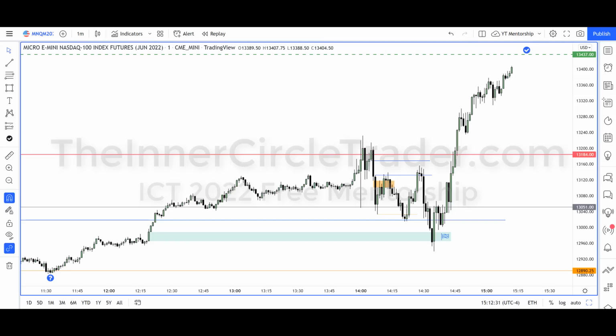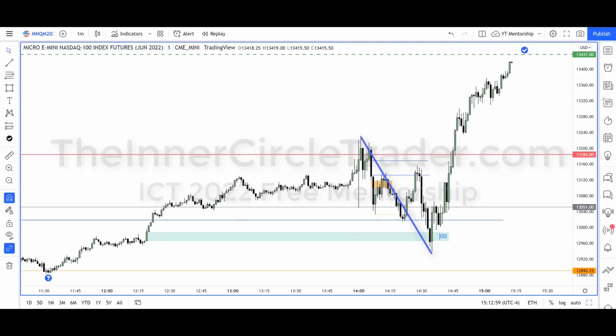Now, what I did was I took the low at the turn after it made its run into that little blue shaded area. Once it started rallying and it took out the swing high around 13,150, basically crossing back over where the fair value gap is, the larger one that it dropped down into, I used the high initially at the 2 o'clock hour down to the low post 2:30.